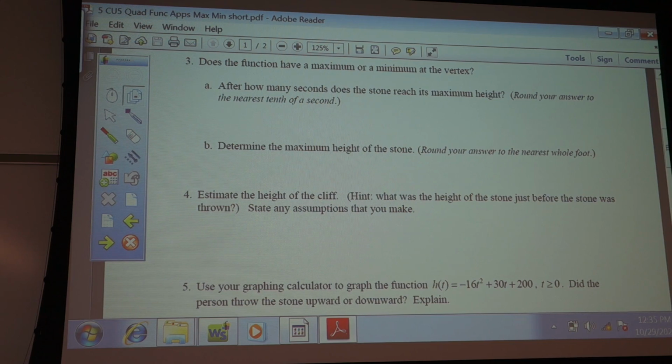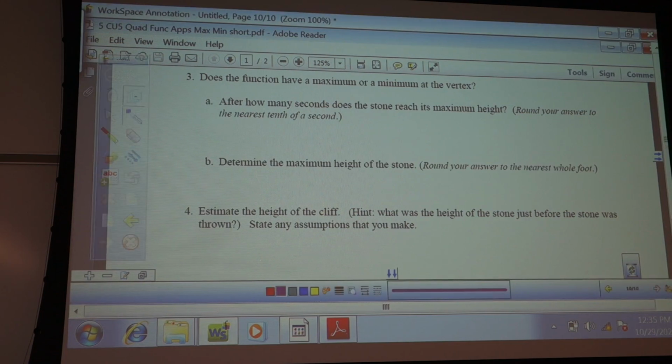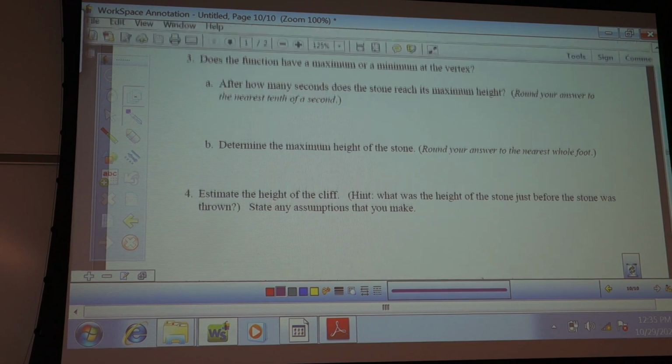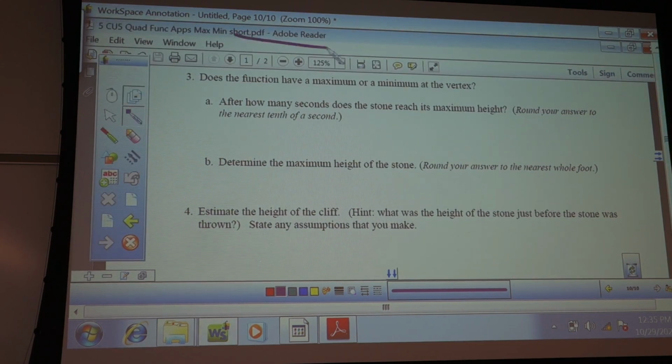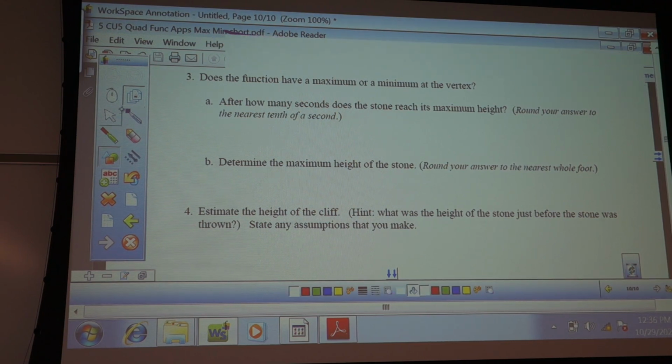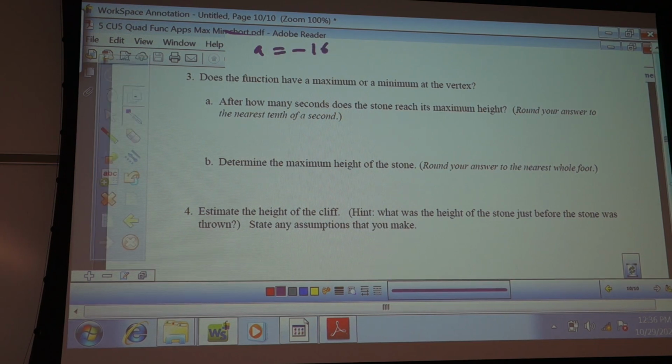Does it have a minimum or a maximum at the vertex? What's my A? Negative 16. Yeah, so A is negative 16. Is it going to be happy or unhappy? Unhappy. It's going to have a minimum or maximum at the vertex, folks. Jenna?